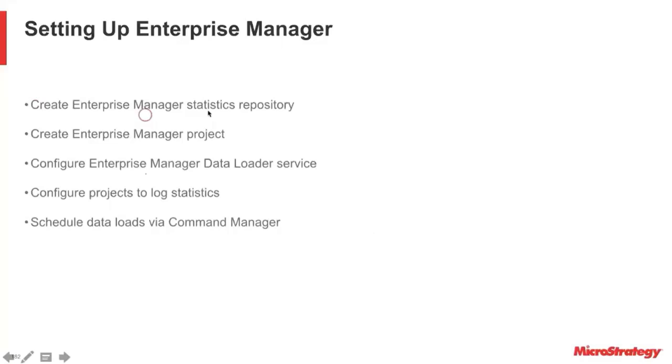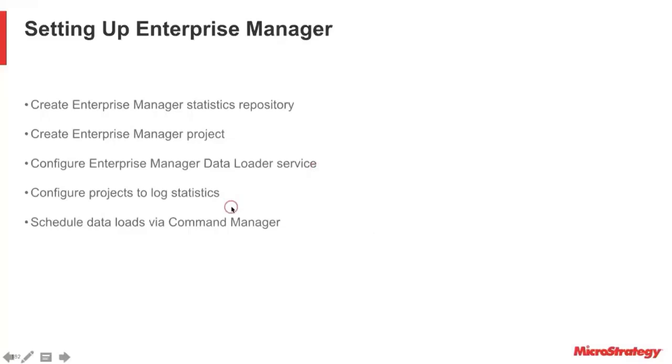Usually when you're creating a project, after creating it the next option is to also choose statistics and Enterprise Manager. This time around you're specifically creating Enterprise Manager, so you choose the project and just create it as an Enterprise Manager project. Configure the Enterprise Manager data loader as to where it's grabbing the data from, and where it's going to be writing the data to.